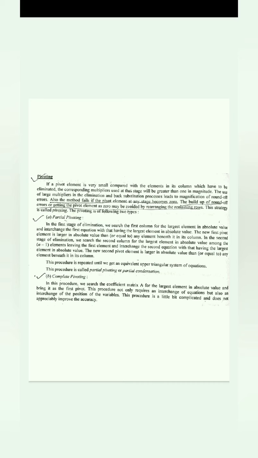The use of large multipliers in the elimination and back substitution process leads to magnification of round-off errors. Also, the method fails if the pivot element at any stage becomes 0. The build-up of round-off errors or getting the pivot element as 0 may be avoided by rearranging the remaining rows. This strategy is called pivoting.